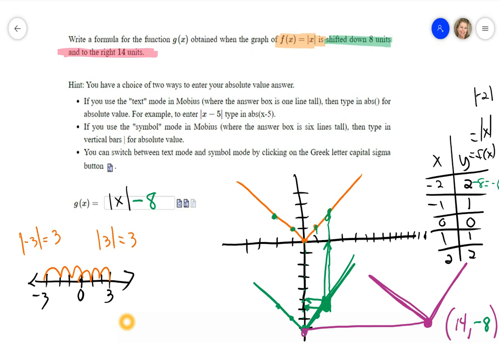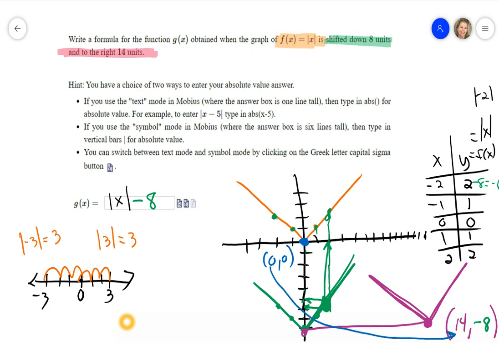So in order to get a positive 14, remember that the starting point, which I'll do in blue, which was right here, had the coordinates of 0, 0. It has now changed from 0 to 14.